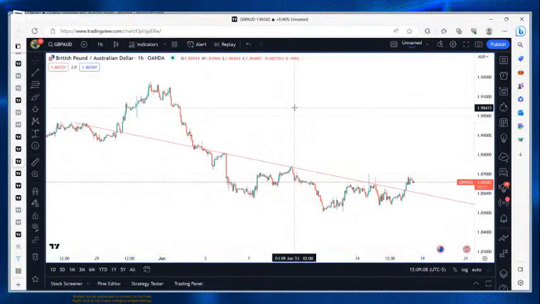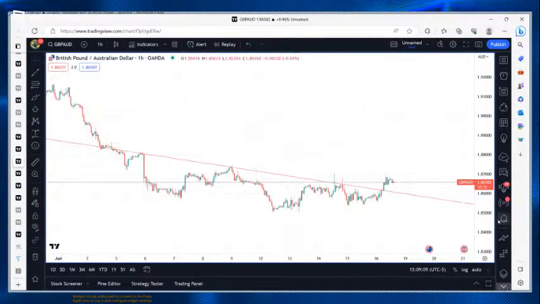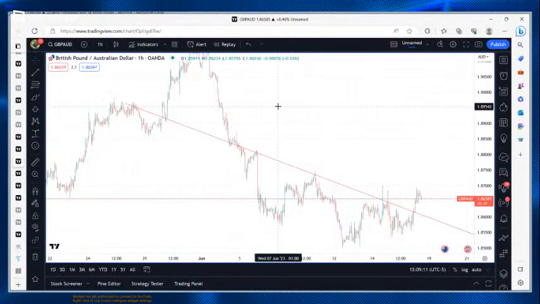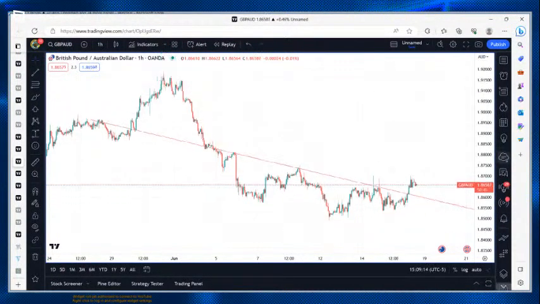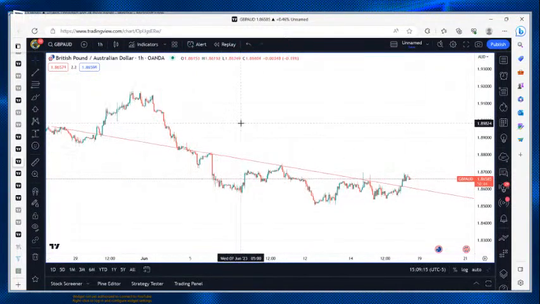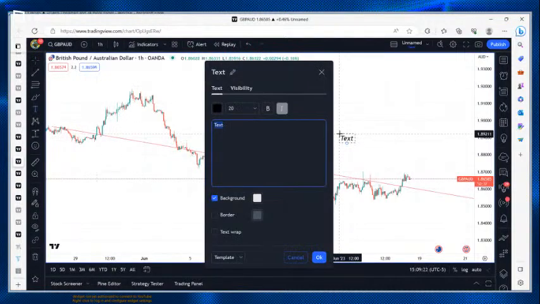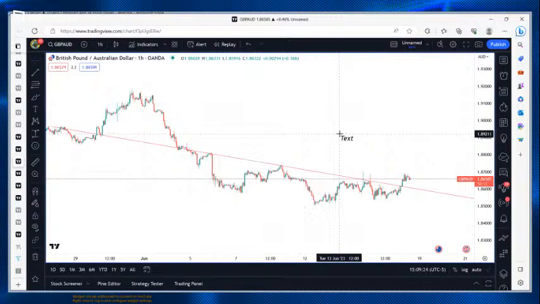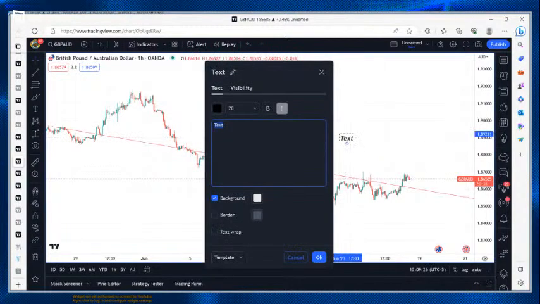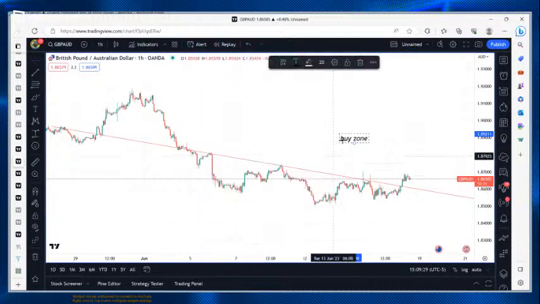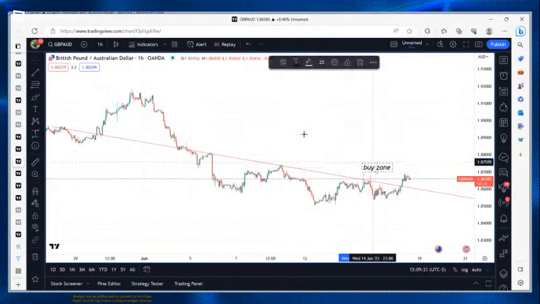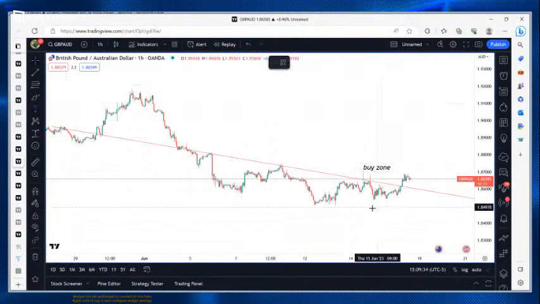All right, we see this. So we go back. So now we have our buy zone, sell zone. We have a buy zone. So here's your buy zone. Here's your sell zone.